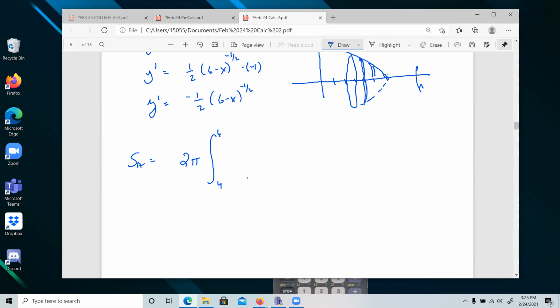Okay, and now we're going to have our r, which is our y, so that's 6 minus x. Okay, and then we're going to have our length, and this was ds. So this is the square root of 1 plus negative 1/2 times 6 minus x to the negative 1/2, squared, dx, because my limits are in x's.